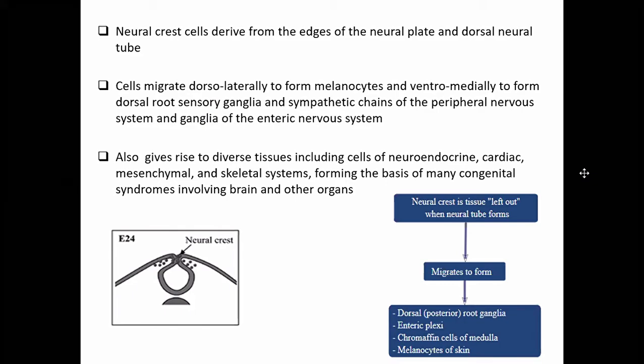So it also gives rise to tissues, including your neuroendocrine, cardiac, mesenchymal, and skeletal systems, forming the basis of the many congenital syndromes involving the brain and other organs.